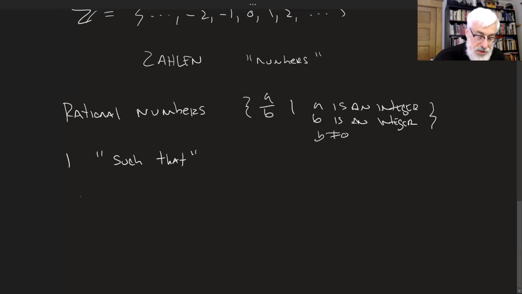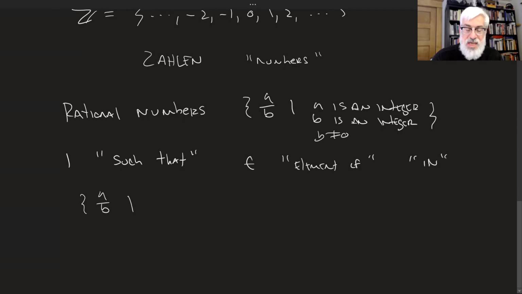A better way to write this, of course, would be to shorten the a/b as an integer. To do that, we need another notation, which looks a little like an e and means "element of," or sometimes just "in." So if I want to say that a is in a set, I do this.